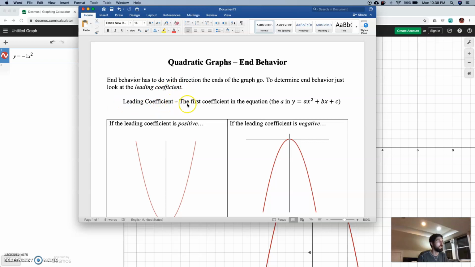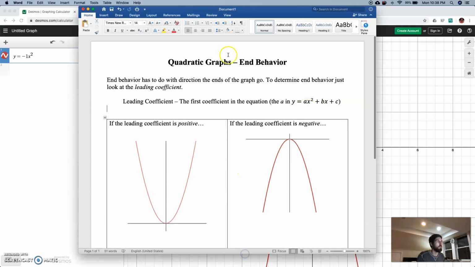The leading coefficient is the first coefficient. Coefficient means the number being multiplied by a variable in the equation. So in an equation like y equals ax squared plus bx plus c, that refers to the a in the ax squared. It's the number in the very front.